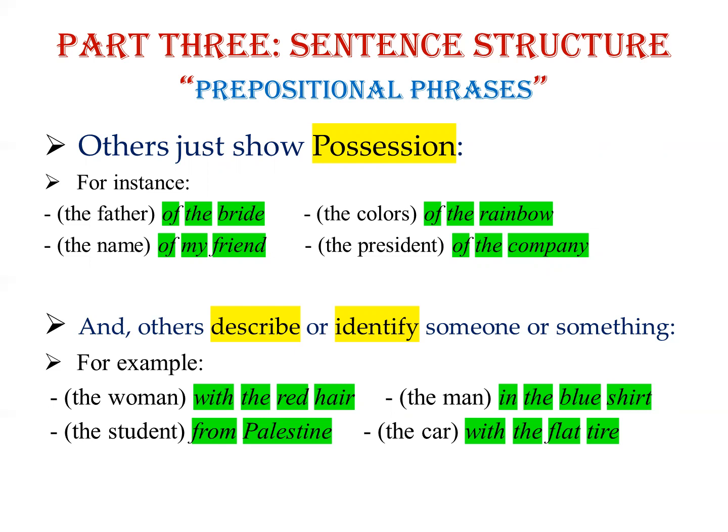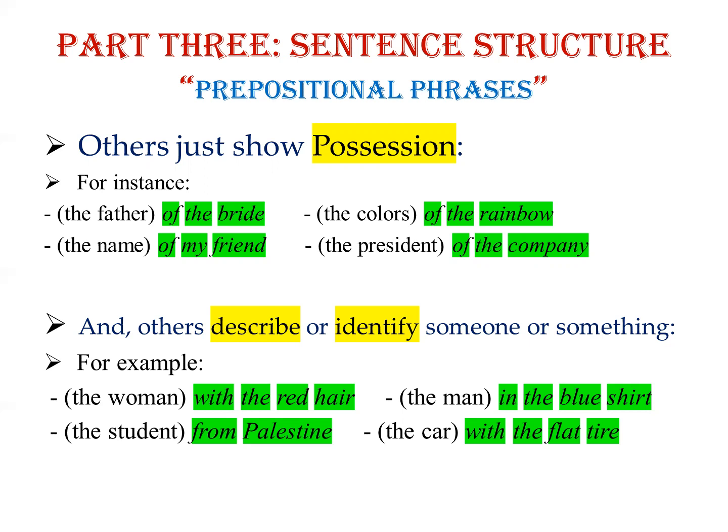Another kind of prepositional phrases describes or identifies someone or something. When I tell you the women, which women? The women with the red hair. So when I told you that this woman has red hair, right now you described it to me and I identified it. I knew which woman you are talking about. So I gave you some specific examples.